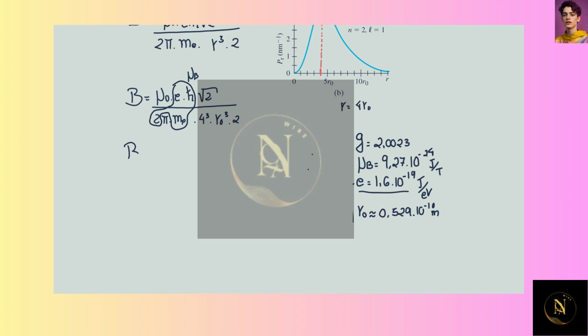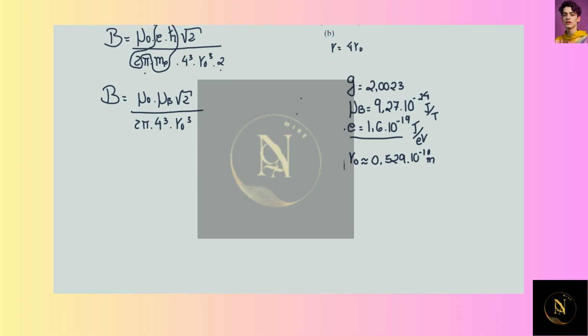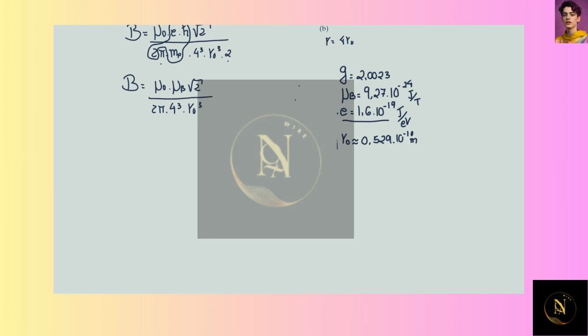Therefore, the magnetic field B is equal to mu0 times mu B times the square root of 2 divided by 2 pi times 4 to the third times r0 to the third. Then we can plug in the values of the constants to get the magnetic field.